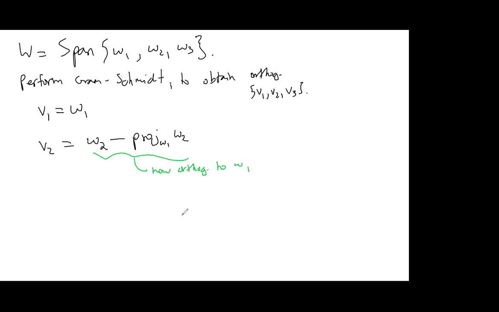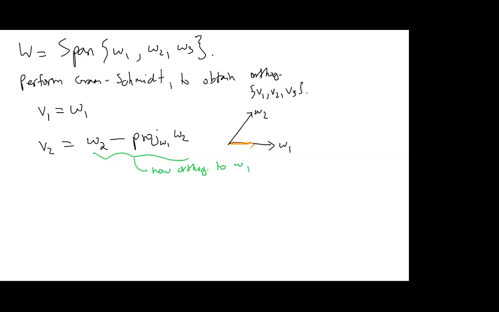to W1, right? Because here's W1. So it's the same picture. Here's W1, here's W2. The orthogonal projection is this bit.